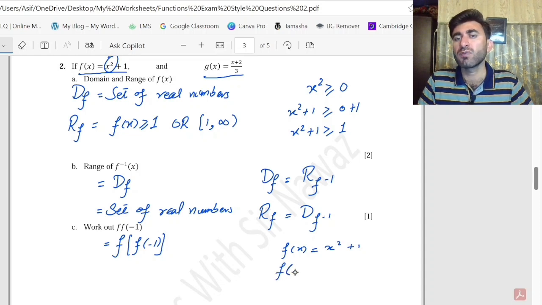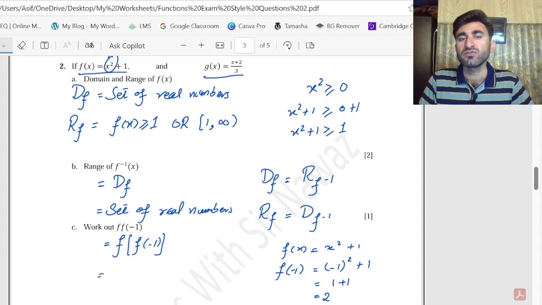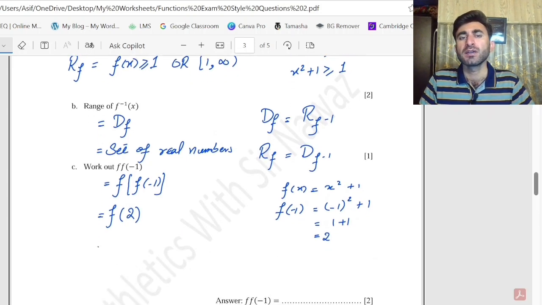So f of minus 1 shall become minus 1 square plus 1. The square of minus 1 is positive 1, and it is added to 1, so f of minus 1 equals 2. So we can replace f of minus 1 with 2. And now f of 2 will become the square of 2 plus 1, which is 4 plus 1, giving us 5. So ff of minus 1 equals 5.